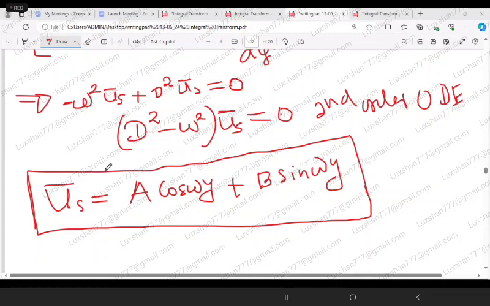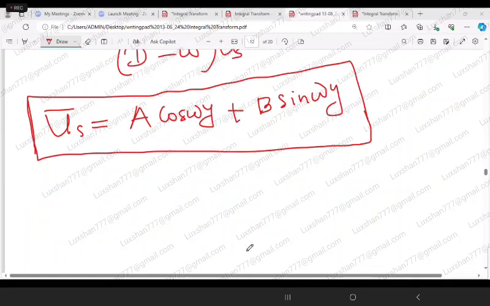Is this correct? Anyway, this is the solution.